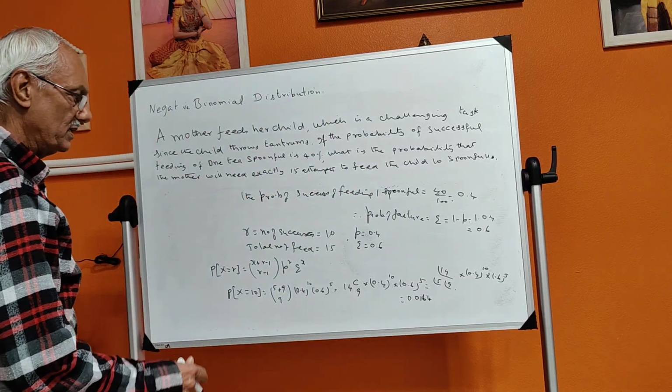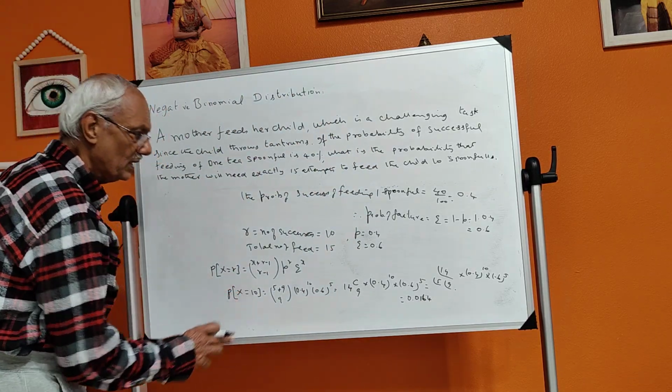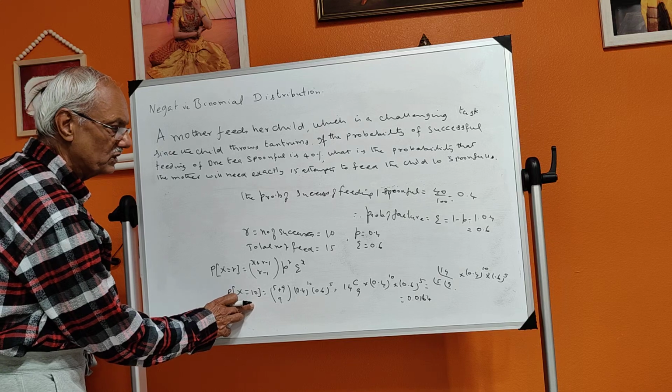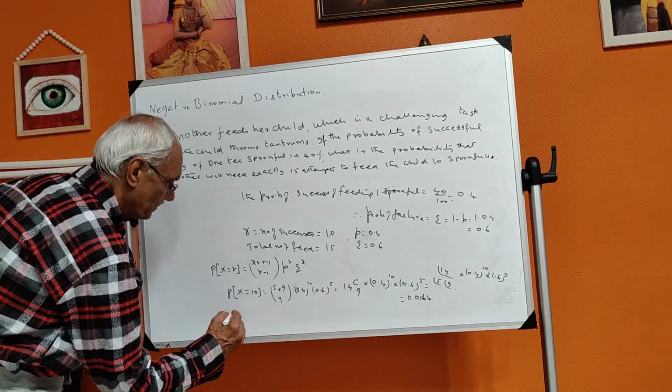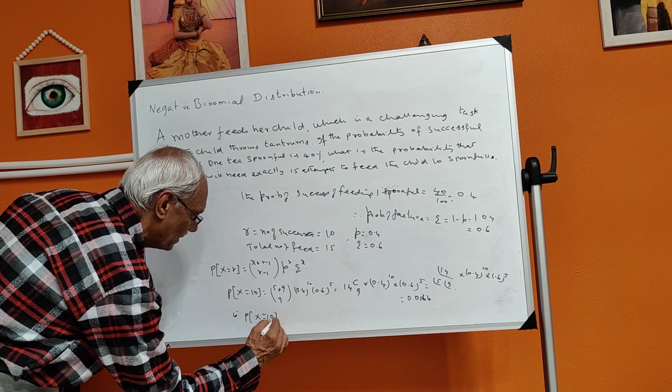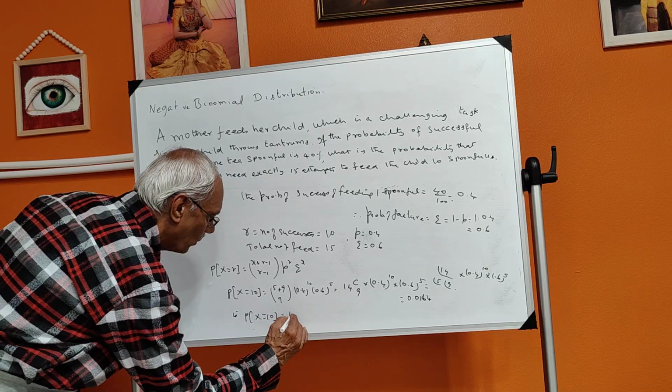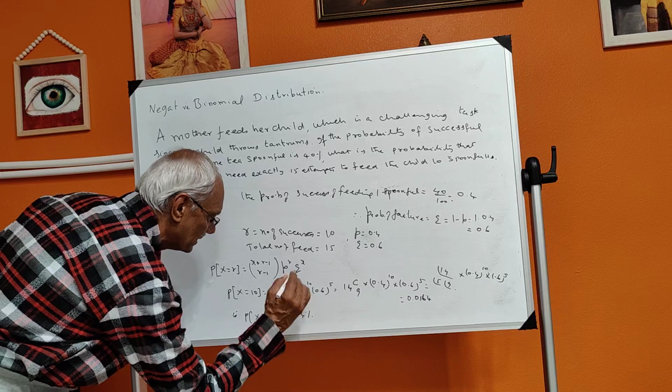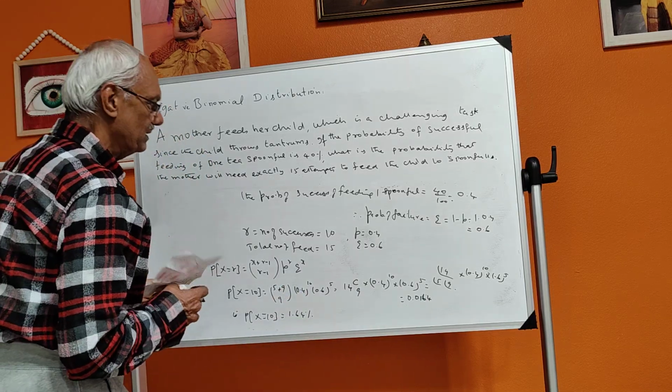That is P of x equal to 10 is equal to 1.64%.